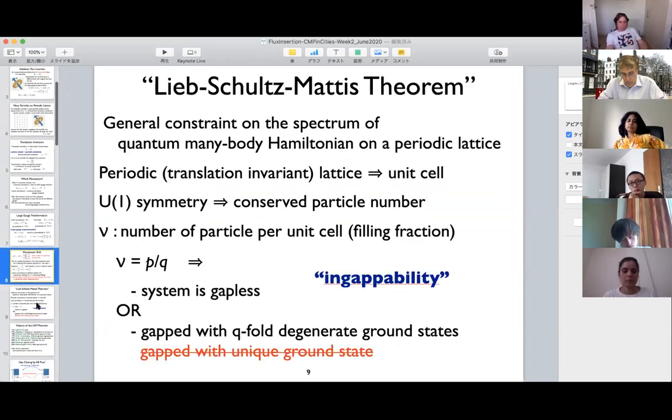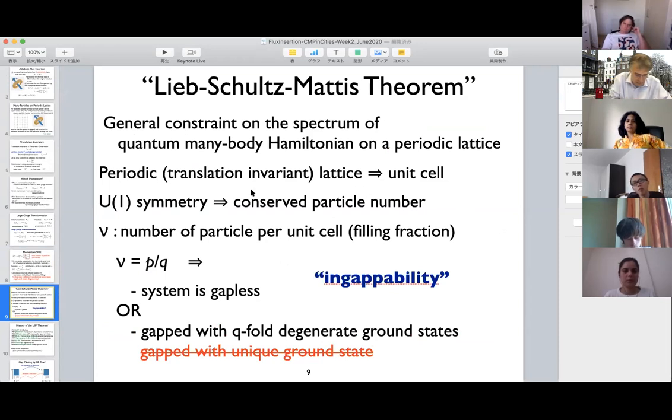So from this argument, we have a very general constraint on the spectrum of a many-body Hamiltonian on a periodic lattice. I just assume periodicity, or translation invariance, and particle number conservation. Then you can define the filling fraction, that is, the number of particles per unit cell. And if this is fractional, then there are two possibilities.